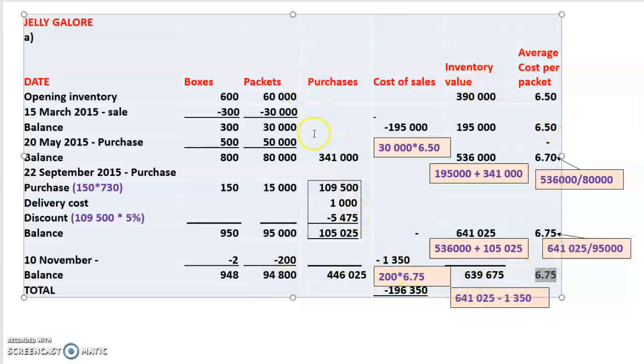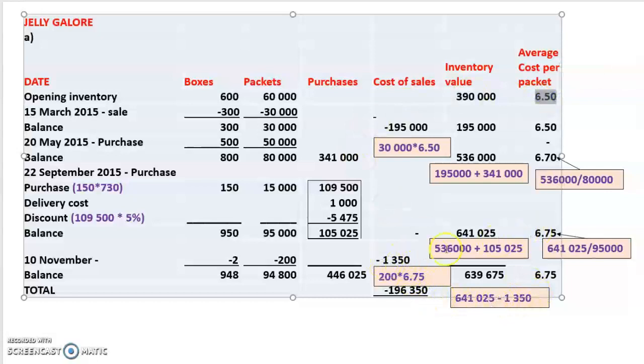So you can see clearly here, after each and every purchase transaction, the average cost per unit has changed. With every sales transaction that took place, the cost per unit was the same as what it was before the sales transaction took place.